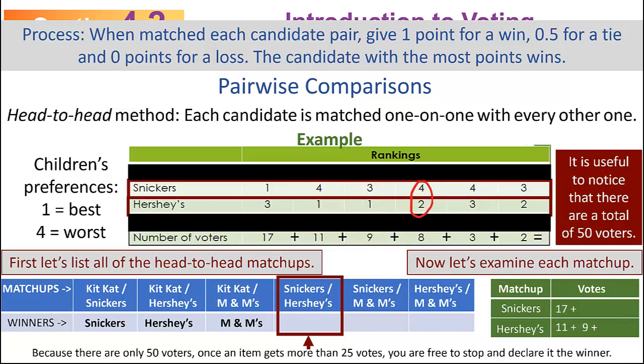In the next column, 2 beats 4, so Hershey's wins 8 votes. At this point, you might notice that 11 plus 9 plus 8 is equal to 28. That's more than half of the 50 voters, so I can say now that Hershey's is the winner between Snickers and Hershey's.